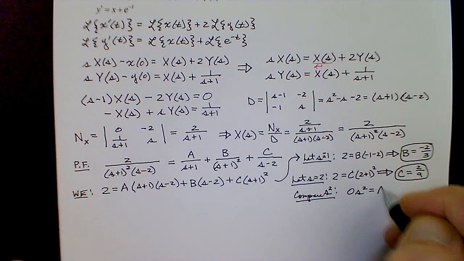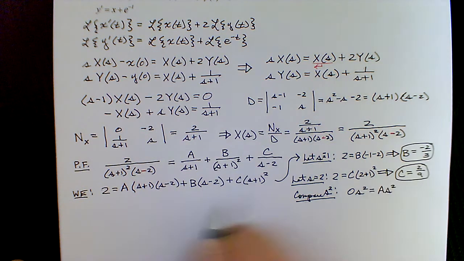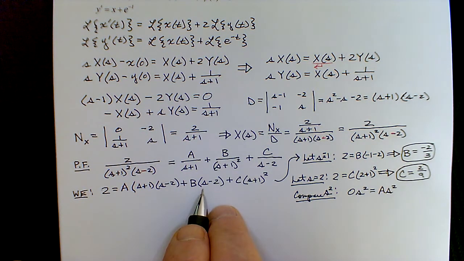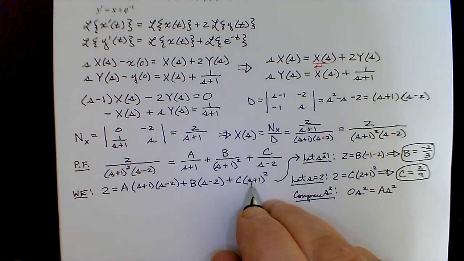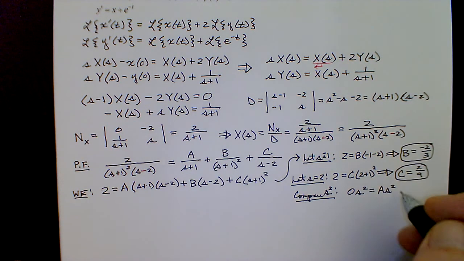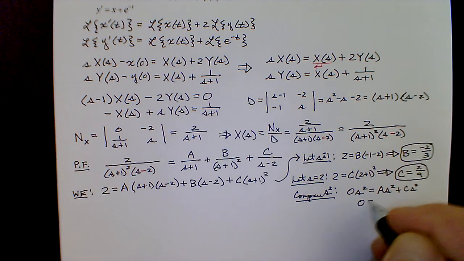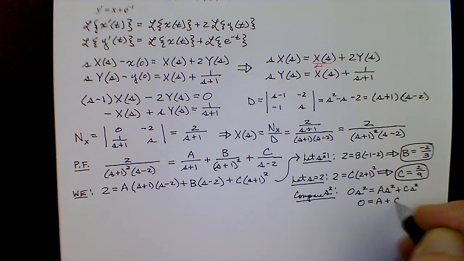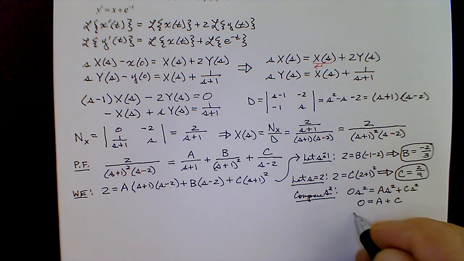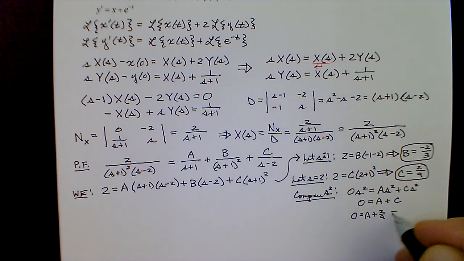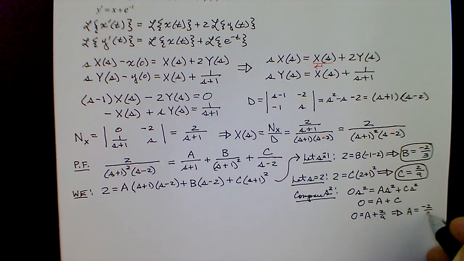On the right, we have an As squared, but notice that B is not involved with an s squared. But C is, because if we square this, we get s squared. So 0 equals A plus C. C was 2/9, so 0 equals A plus 2/9. So then A is negative 2/9.